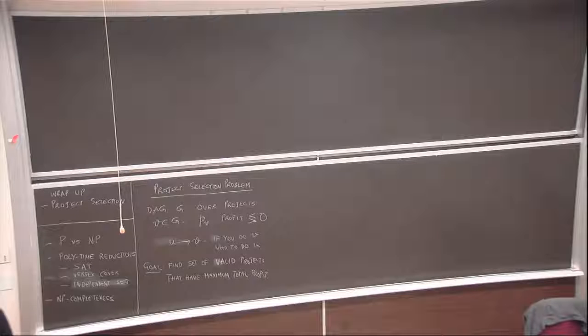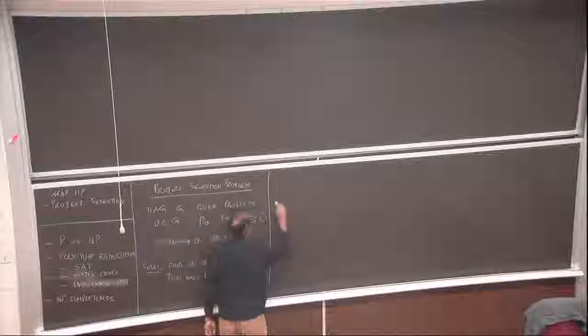Again, what is a set of valid projects? Well, a set of valid projects is one where for every project that you're doing, if it has a bunch of dependencies that need to be done before it, those are also included in the set. Okay? So you need to define it.